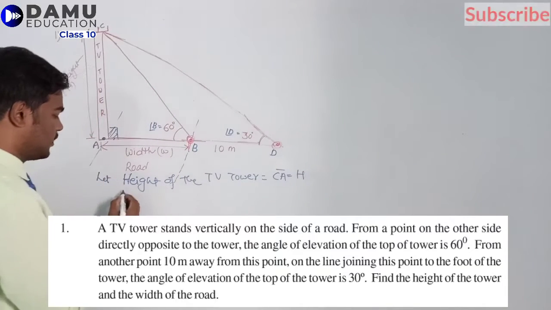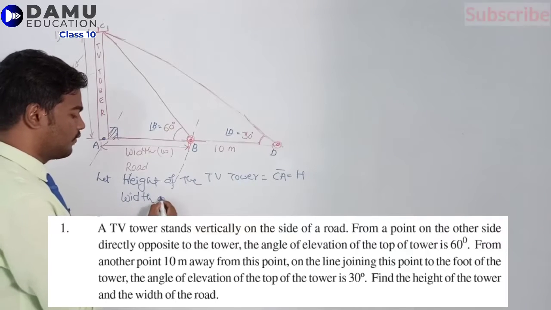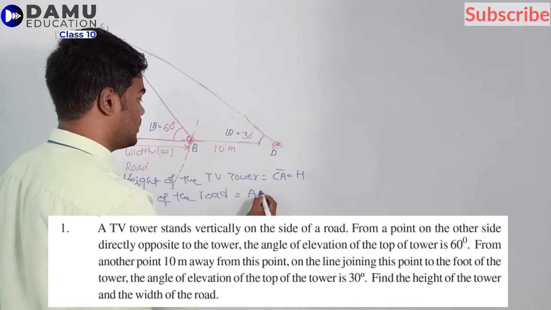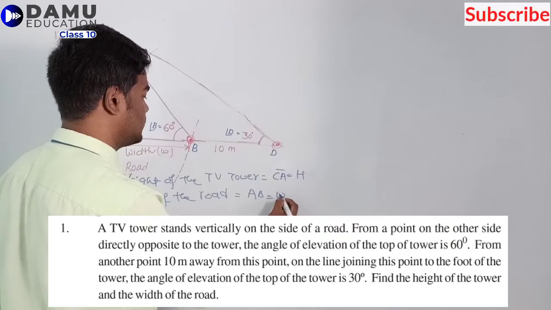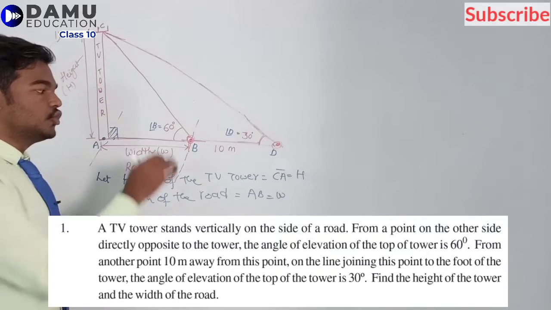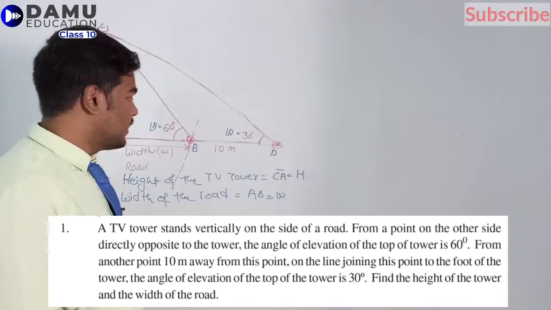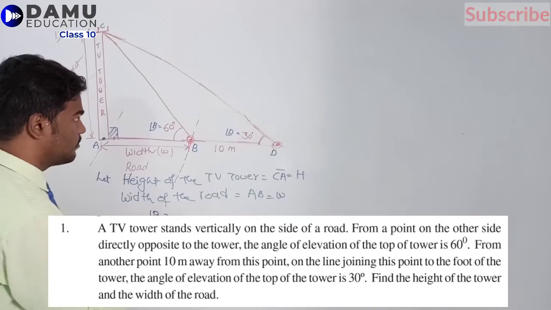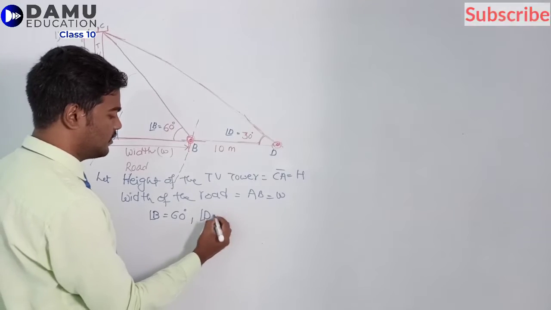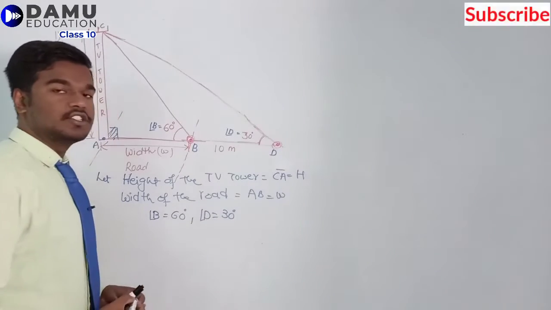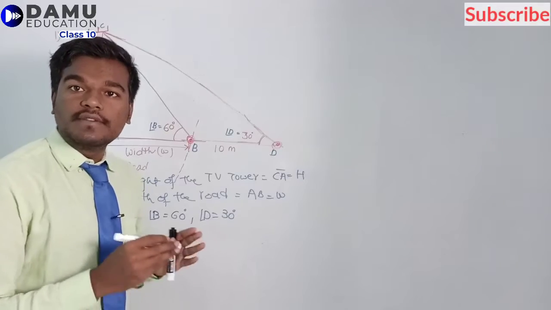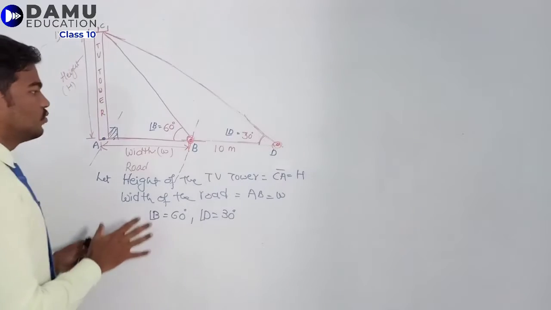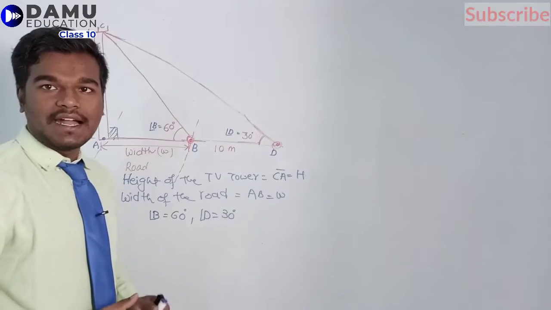Then the width of the road will be equal to AB, which we can take as W. Then both angles of elevation: angle B will be equal to 60 degrees and angle D will be equal to 30 degrees. These are the two angles of elevation at two different points. So we have to find the relation between width and height.